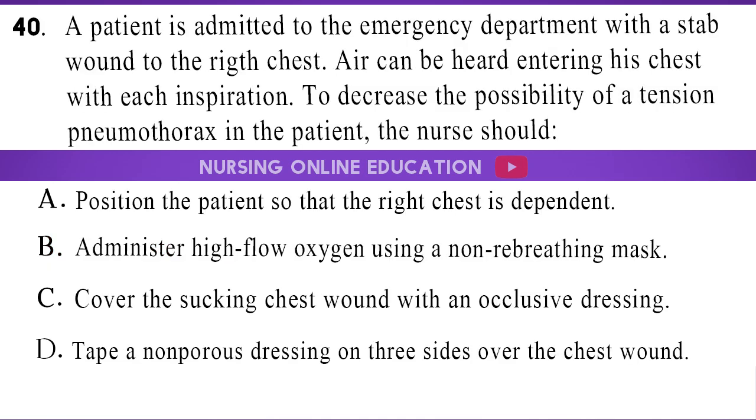40. A patient is admitted to the emergency department with a stab wound to the right chest. Air can be heard entering his chest with each inspiration. To decrease the possibility of a tension pneumothorax in the patient, the nurse should: A. Position the patient so that the right chest is dependent. B. Administer high-flow oxygen using a non-rebreathing mask. C. Cover the sucking chest wound with an occlusive dressing.